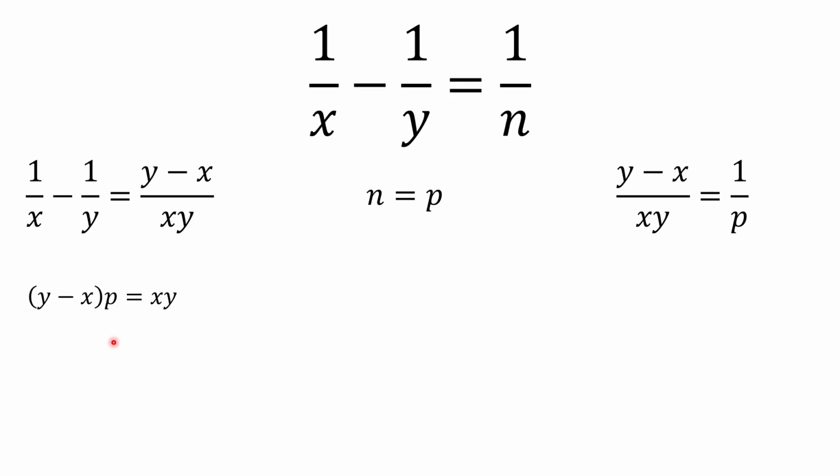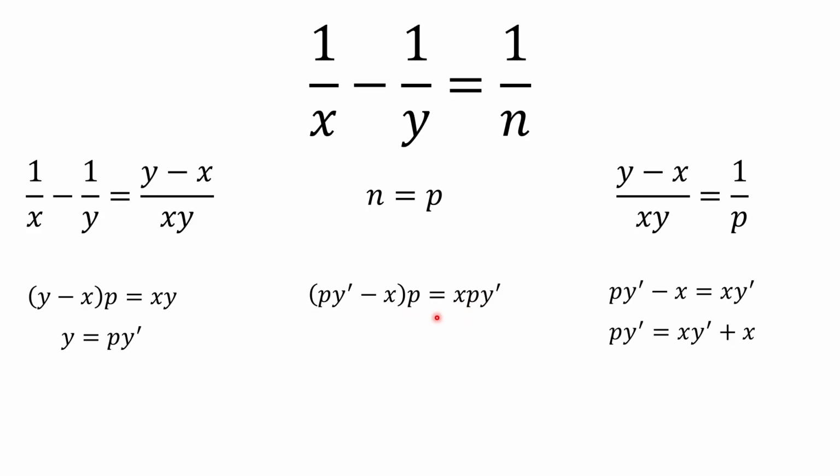Okay, so now we can consider the other possibility, and that is y is equal p times y prime. We can replace it into the equation. P times y prime minus x times p is equal to x times p y prime. P with p disappears. And then we simplify this, take this on the other side, factorize x. We get to this equation.